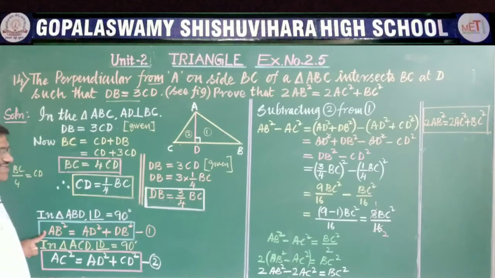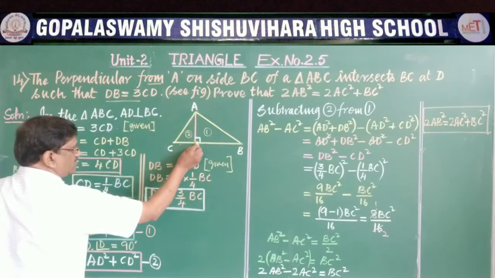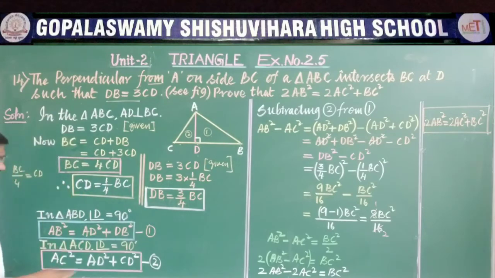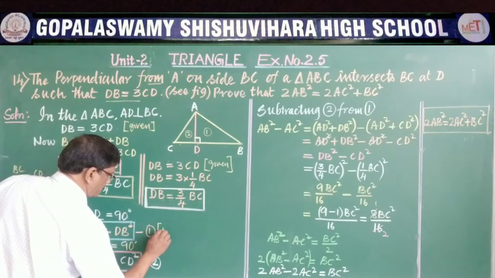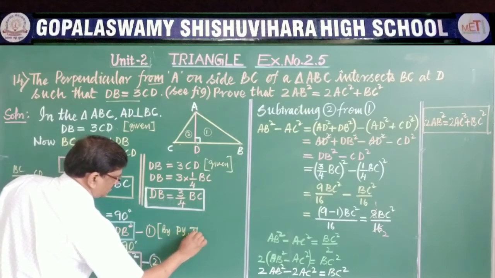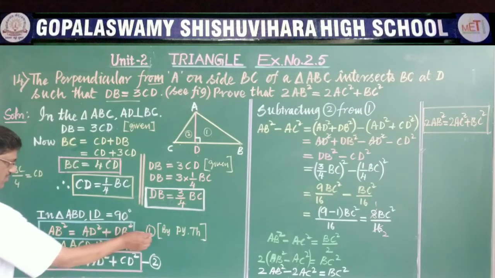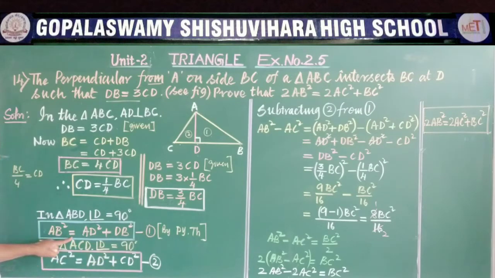Therefore, we can apply Pythagoras theorem. By applying Pythagoras theorem, AB square is equal to AD square plus DB square. Let it be equation 1, children. That is AB square is equal to AD square plus DB square.